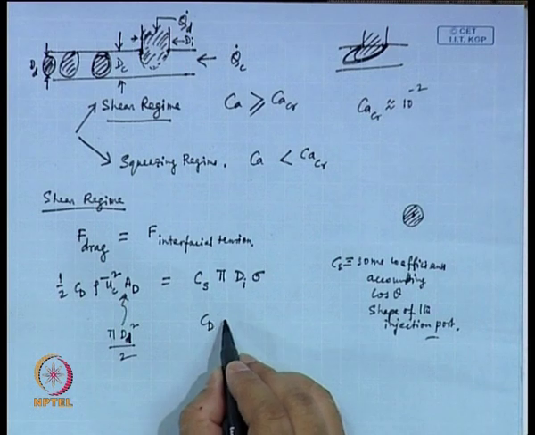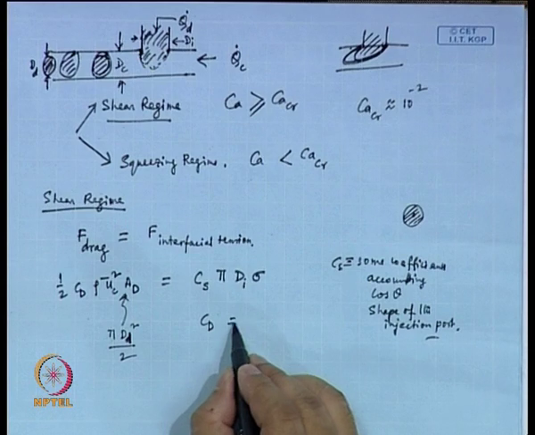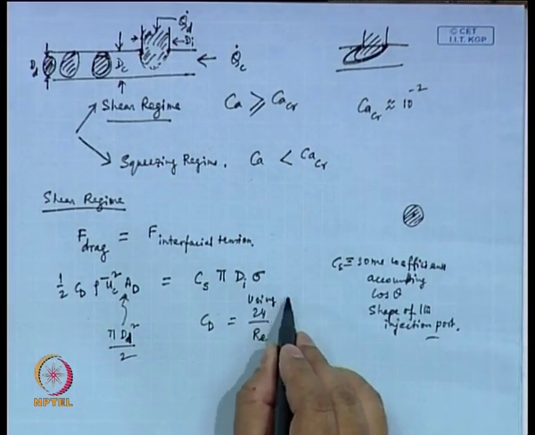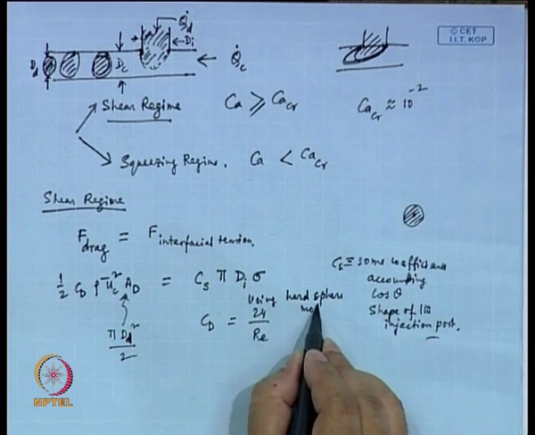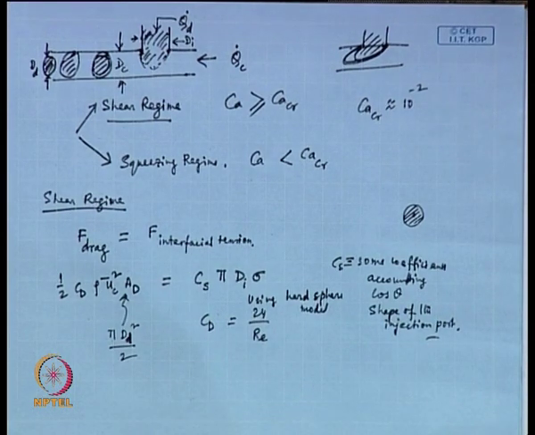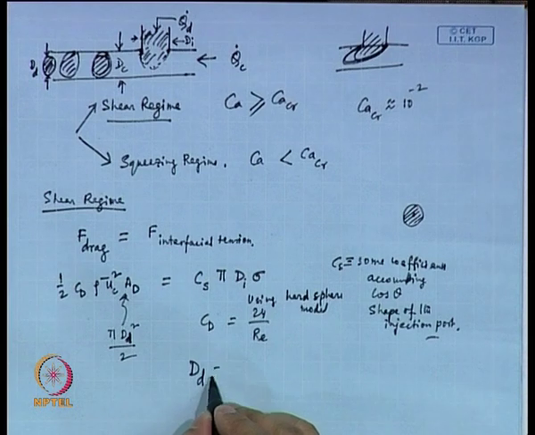Using the hard sphere model, C d is equal to 24 by Reynolds number. So, C d would be 24 by Re. In that case, what would be the droplet diameter?